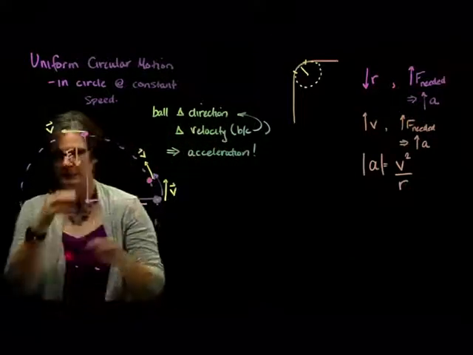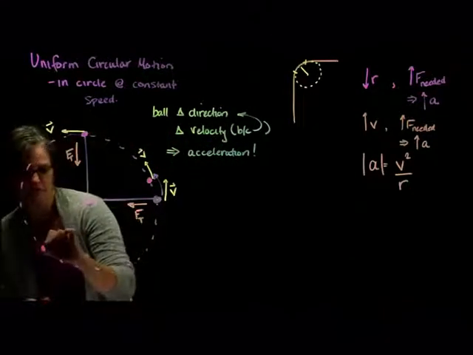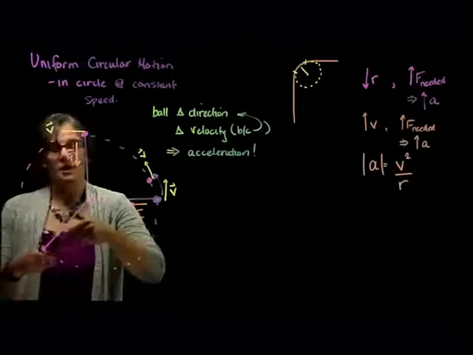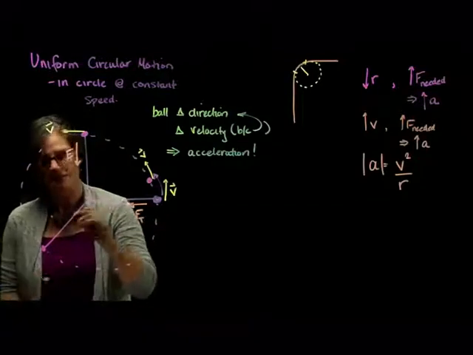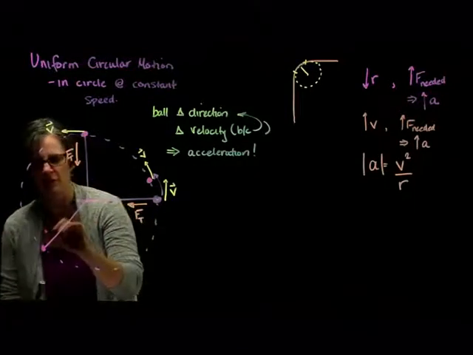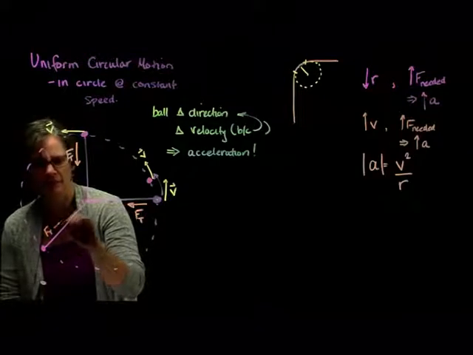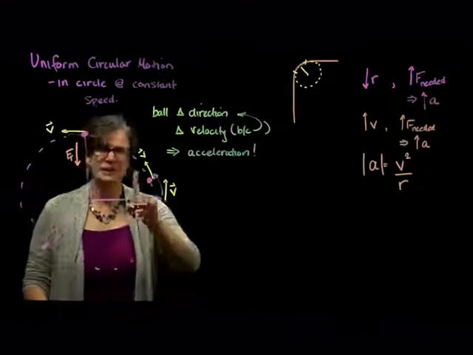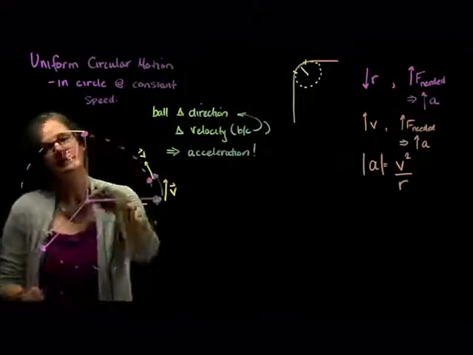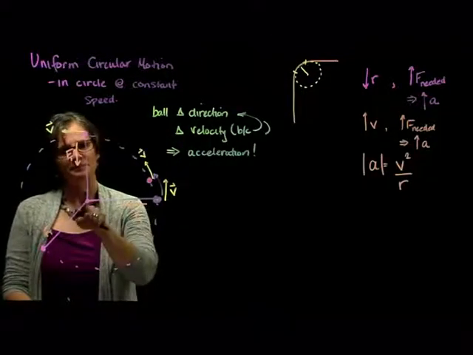Now if I had the ball here, so again the ball's moving in this circle, how would this string be exerting a force? How would this string be causing that acceleration? Well, again, pulling the ball in this direction.